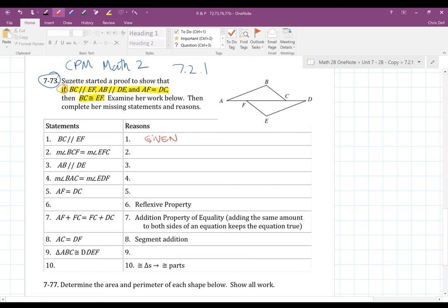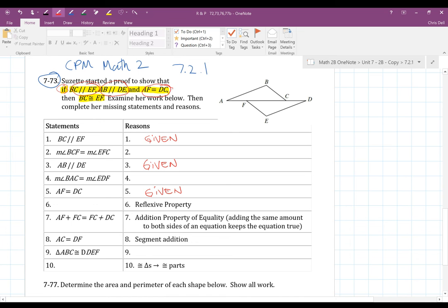We can also see AB is parallel to DE, and that's a given. And we also know AF is equal to DC, so once again, that's also a given. So we can write given as our reason for each of those three things.